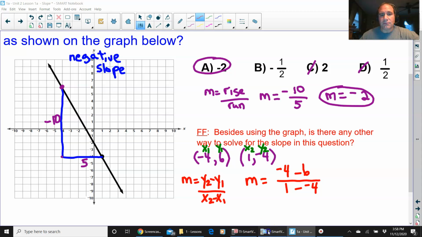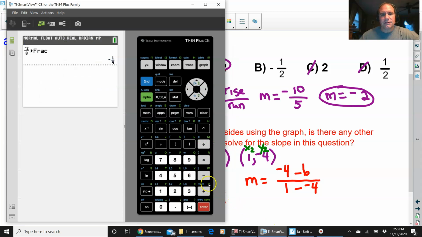So right now, grab that calculator. We're going to just clear this out. It is -4 minus 6 on the top part of that fraction, and then also 1 minus a -4.